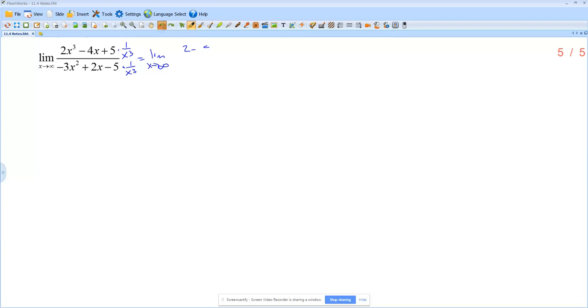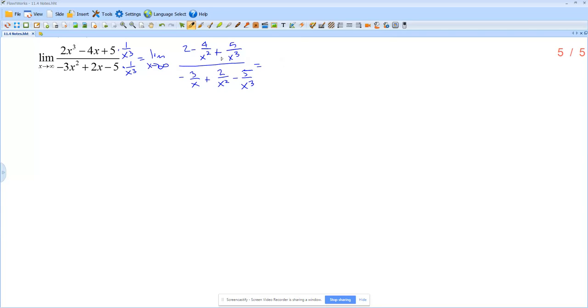4 over x squared plus 5 over x cubed over negative 3 over x plus 2 over x squared minus 5 over x cubed.